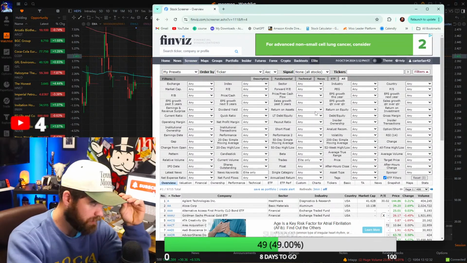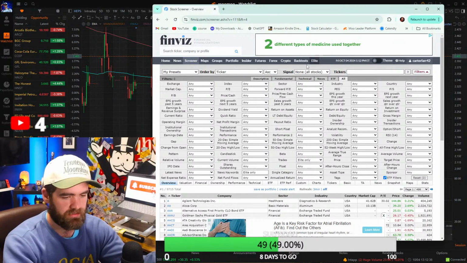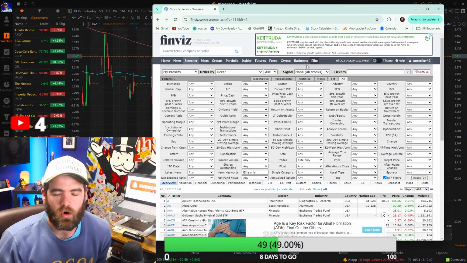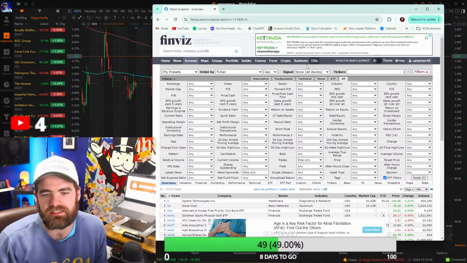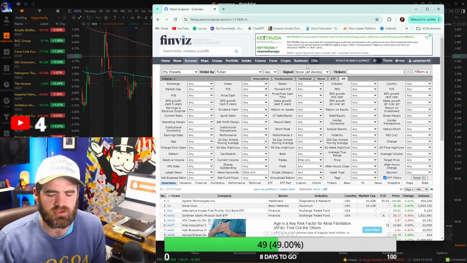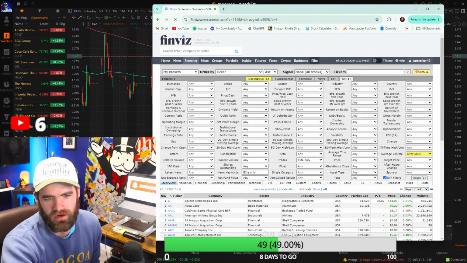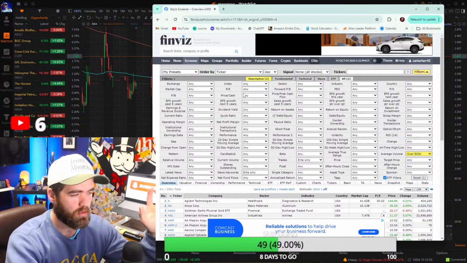In general, what you want is just a stock on an upward trend that's on a support line. That's it. And then hopefully we see an undervalued RSI. You can change the average volume right here to like over 500,000.